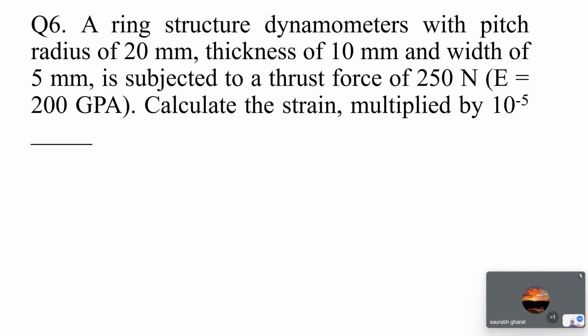In a ring structure, the dynamometer with a pitch radius of 20 mm, thickness of 10 mm and width of 5 mm is subjected to a thrust force of 250 Newton. You need to calculate the strain multiplied by 10 raised to minus 5. So here they are given the thrust force. What you need to find out is E at 90 degrees, which is equal to plus or minus 1.09.